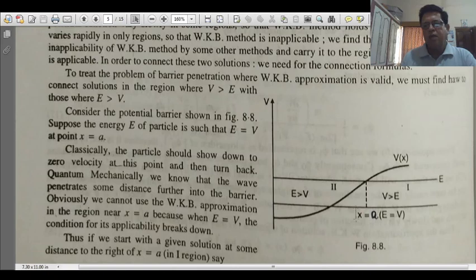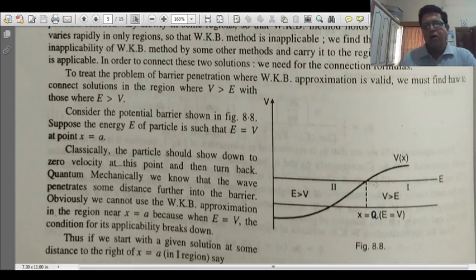Here is the point x equal to a, the position where potential and energy are equal. This is the point where E and V are equal, and this position is taken as x equal to a. On the left side, energy E is greater than V. This is the second region.